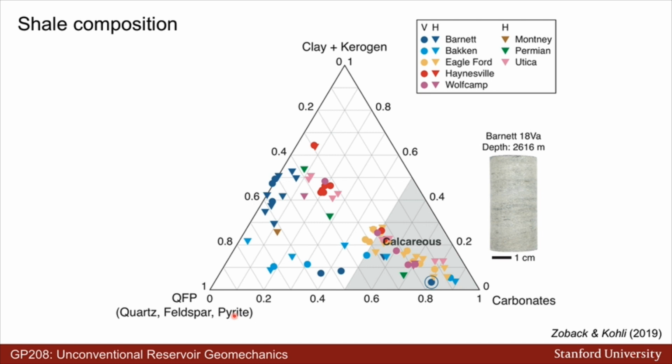You can see that this is a very light-colored sample. It plots to the bottom right of the plot, meaning it's very poor in clay and organic content and very rich in carbonate. Over here is a rock from basically 2 meters away in the same exact Barnett Reservoir, and it has almost 50% difference in composition.